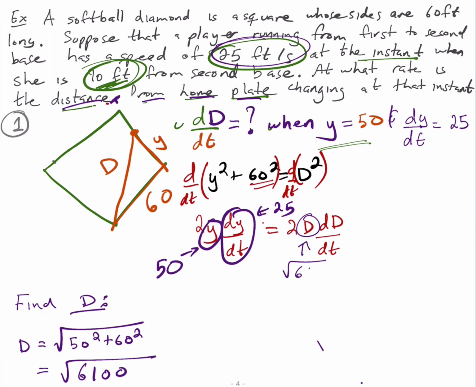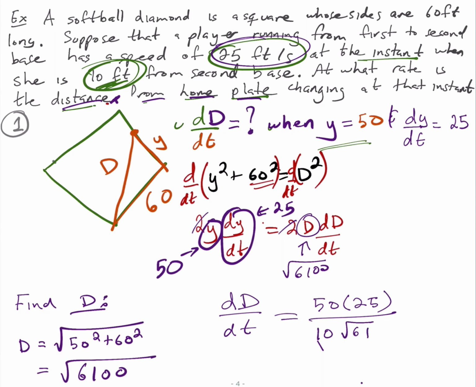So square root of 6100. And then we can get rid of the 2's, right? So then dd over dt is equal to 50 times 25 divided by 6100. That's the same as 10 root 61, no? You guys agree with that? So then, I don't know, 125 over 2 root 61. Does that sound right?